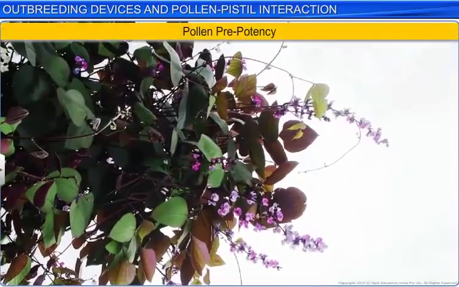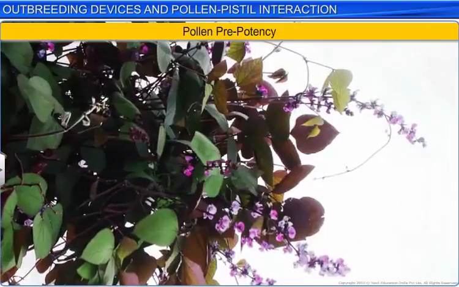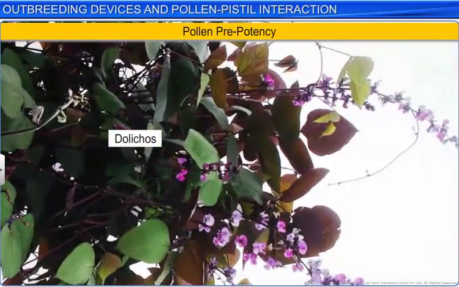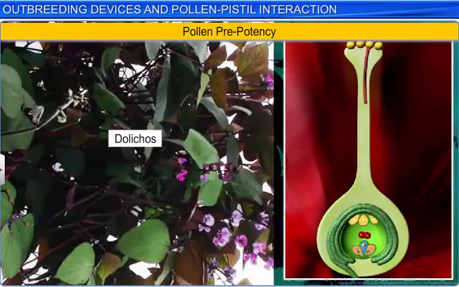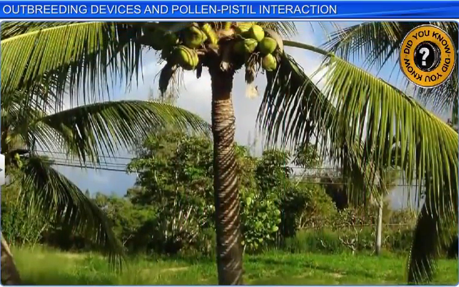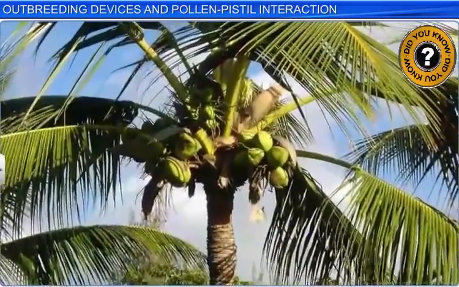Pollen prepotency is another mechanism that prevents self-pollination in certain plants such as Dolichos. This mechanism allows the pollen from another plant of the same species to germinate earlier than the pollen of the same flower. Did you know that the production of unisexual flowers is also a mechanism developed to thwart self-pollination?